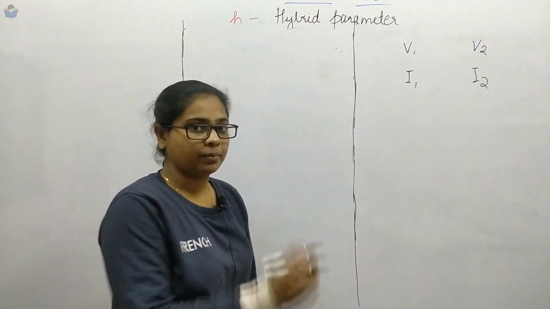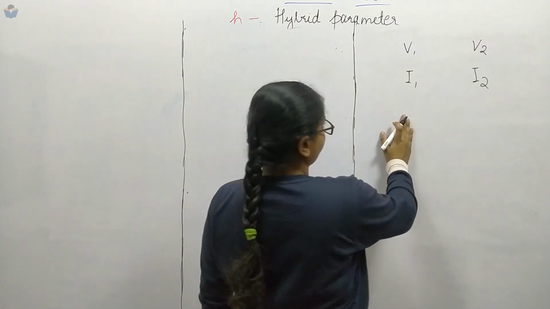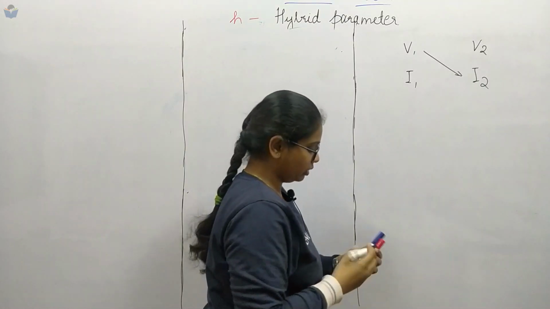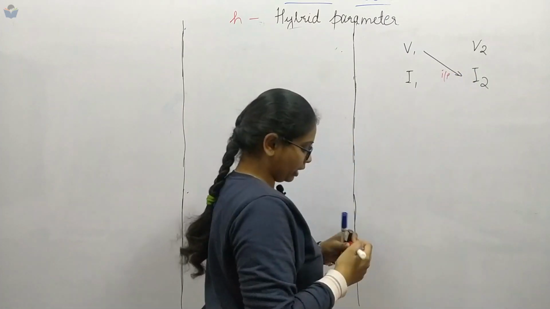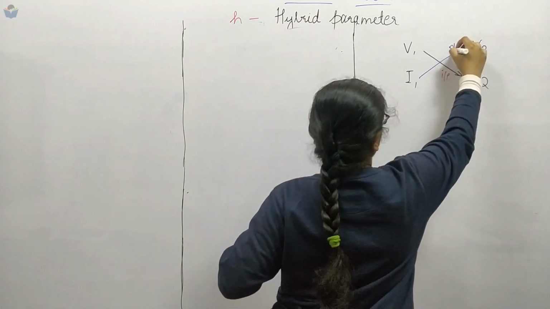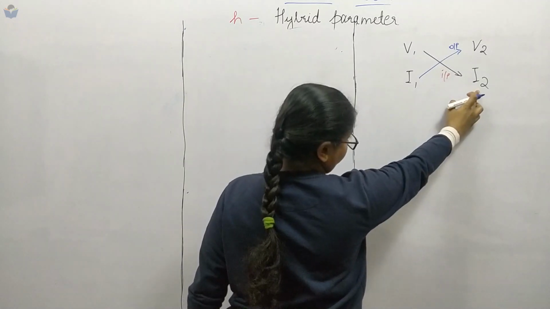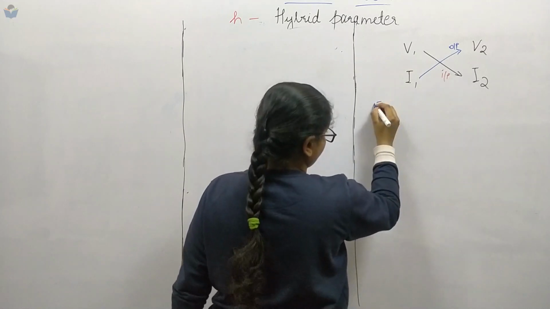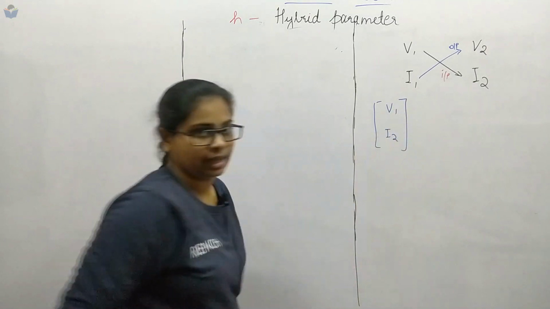Coming to this hybrid parameter, there will be slight confusion. To get away from that confusion, what we can do is go in this direction, which we will call input, and then move in this direction, which we will call output. The first arrowhead is pointing to I2, so it should be downwards. It is moving from V1 to I2, so our dependent variables will be V1 and I2.